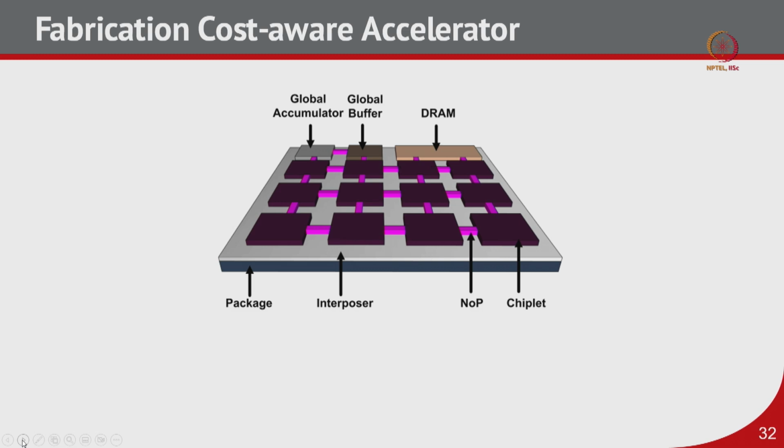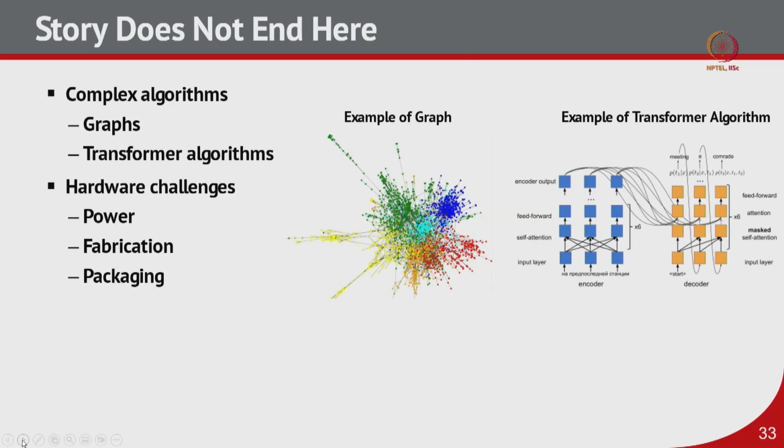We will discuss some of these fabrication-cost-aware accelerators, but the story does not end here, because we have more complex algorithms like graph algorithms and transformer algorithms, and then there are several hardware challenges. Even if we have an accelerator, it is not the case that the accelerator solves all the problems.